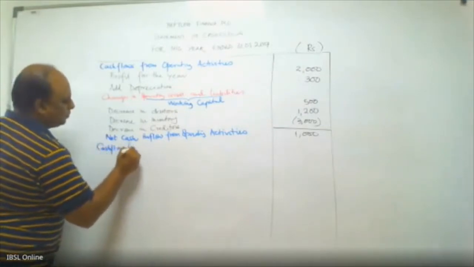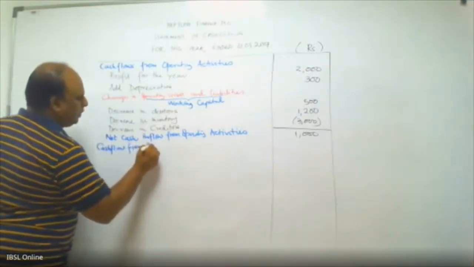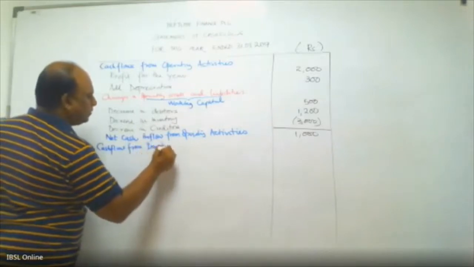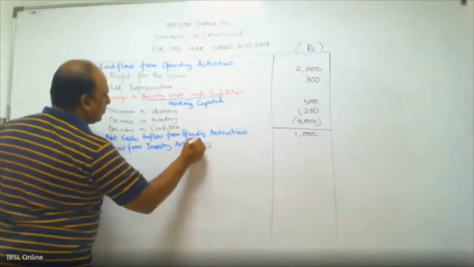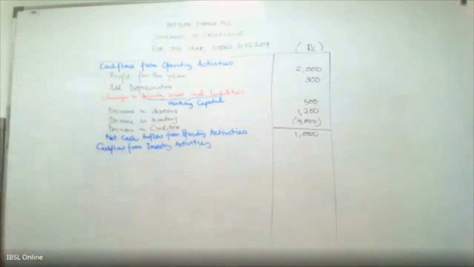Then the next topic is cash flows from investing activities. So you know now what are the investing activities, right? Investing activities are whatever has happened or changes in the long-term assets that you have.